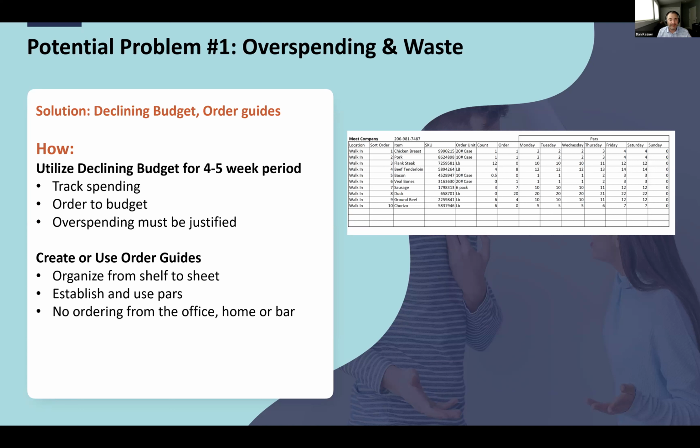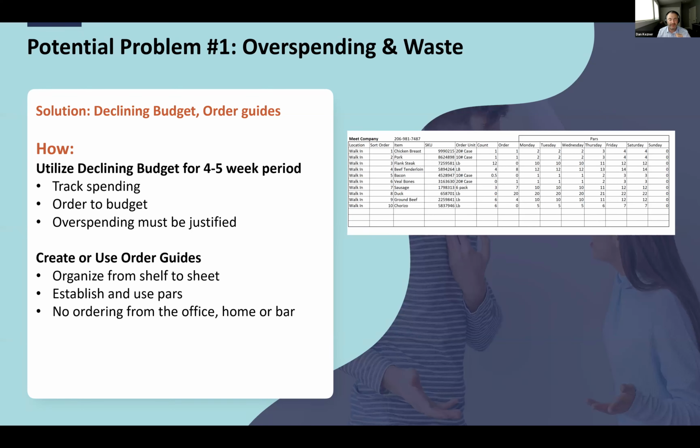Then we have the item name, and the SKU of that item if you're ordering by SKU. Then we obviously have the order unit. Do these come in 20-pound cases, 10-pound cases? If things come in multiple order units, I suggest you list them multiple times on your order guide.